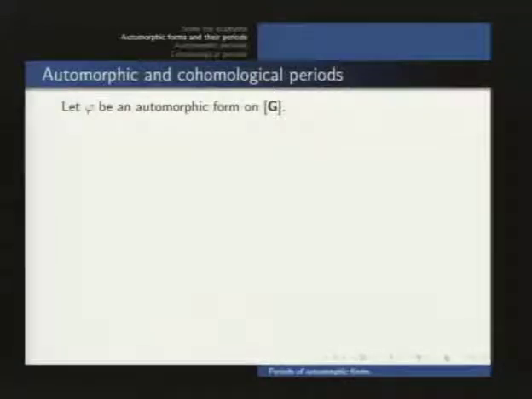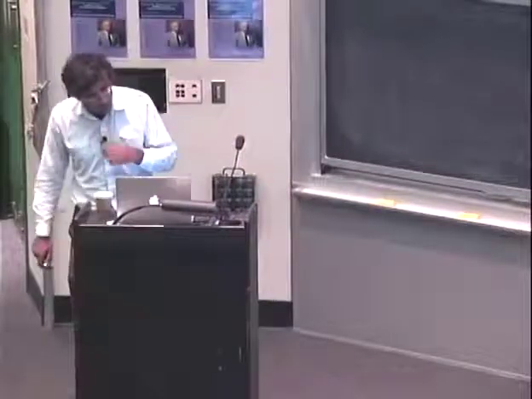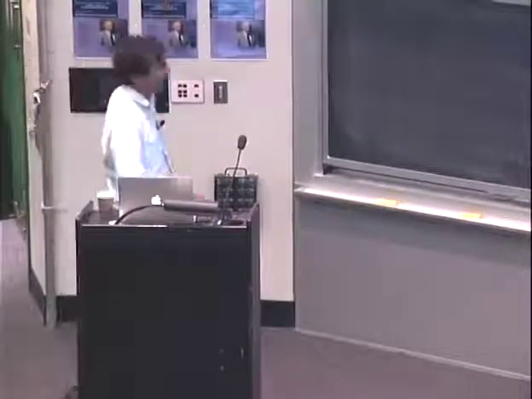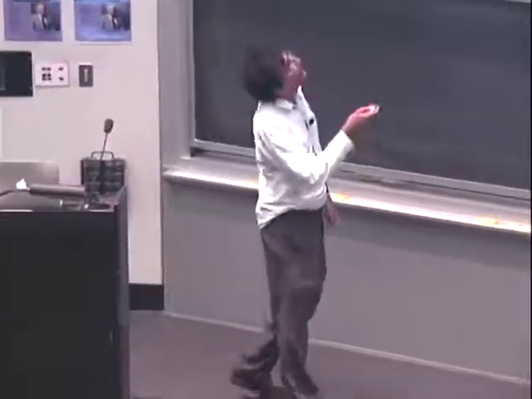Okay, so that comes to, I'll distinguish 2 types of periods, and then I will talk about them in turn. Okay, so phi is an automorphic form on G, so some function or form on this Riemannian manifold. Okay, automorphic periods.